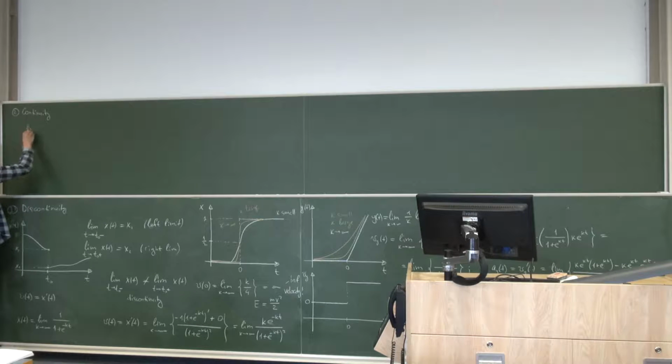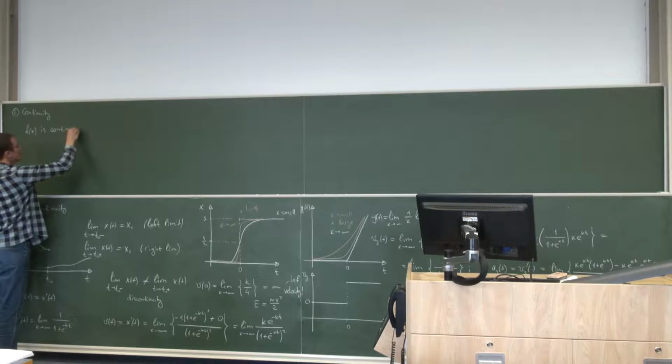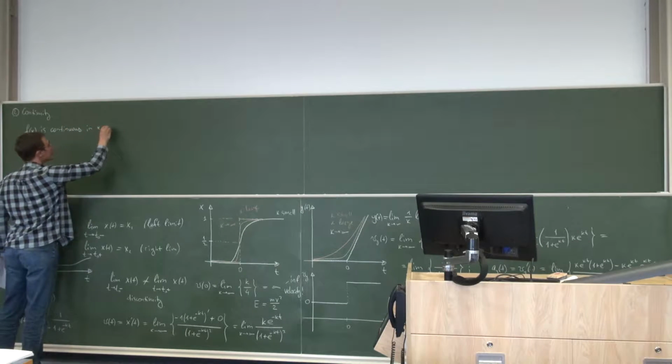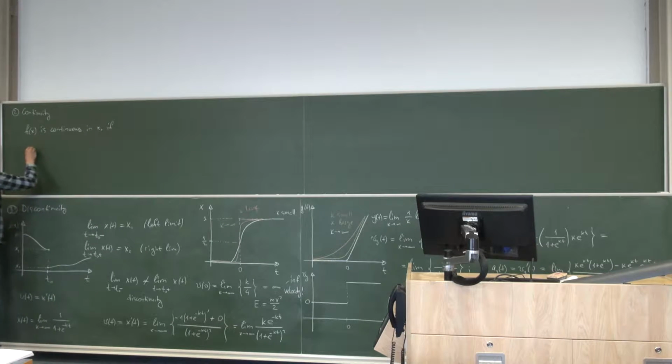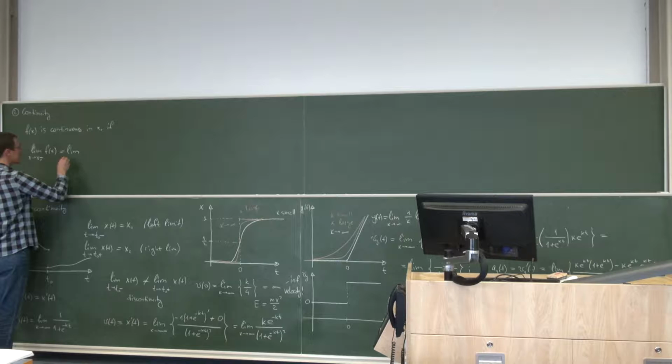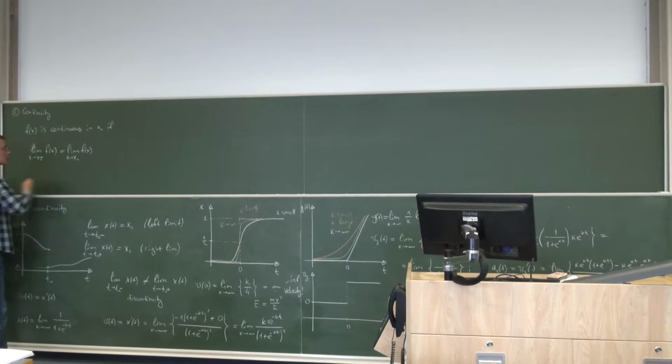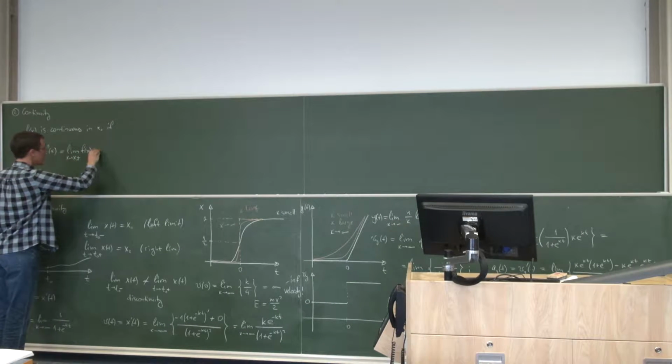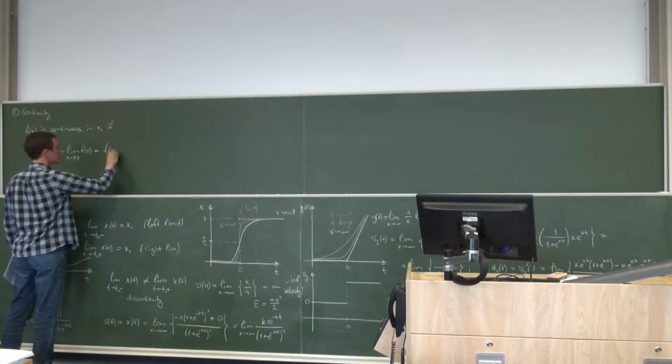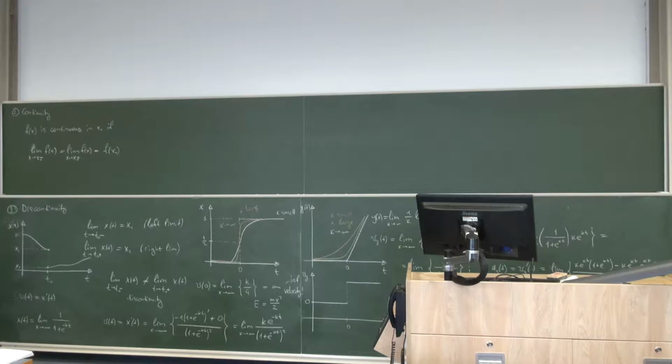So f of x is continuous in x naught if the limit x going to x naught of f of x from the left is equal to the limit of f of x going to x naught from the right, and that is equal to the value of the function itself at that point.